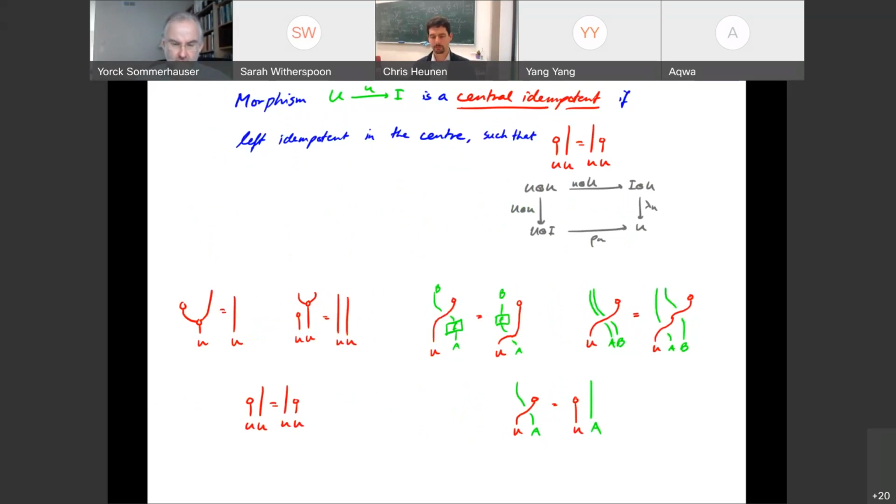Where does this come from? Is this somehow related to a central idempotent in a ring? This notion of a central idempotent, is it somehow related to a central idempotent in a ring? In some sense, you could say it's the categorification of what it means to be a central idempotent in a ring, yes.